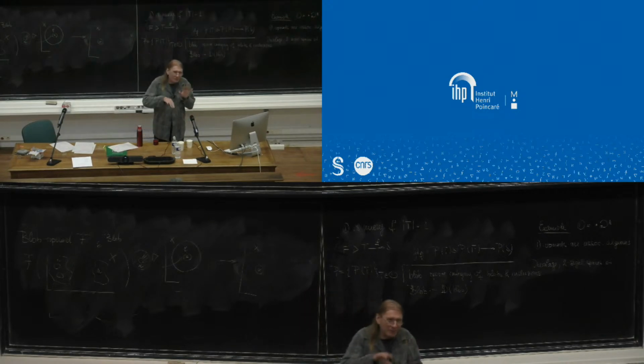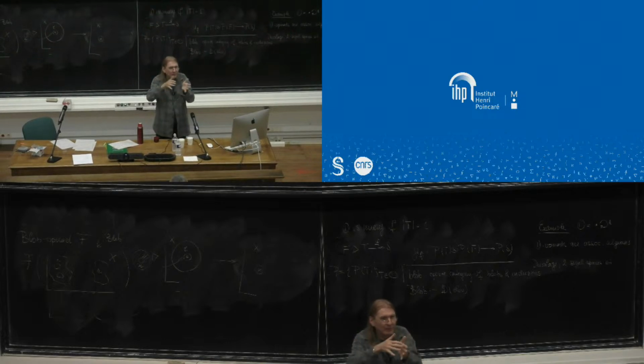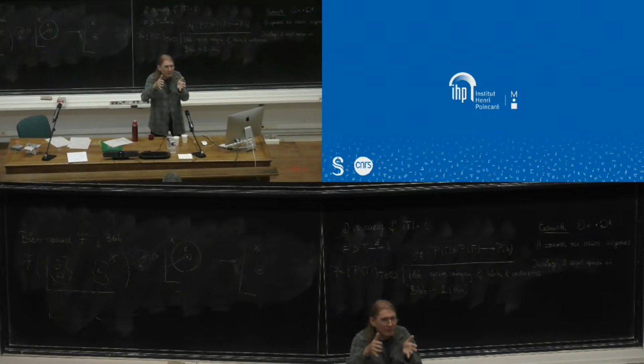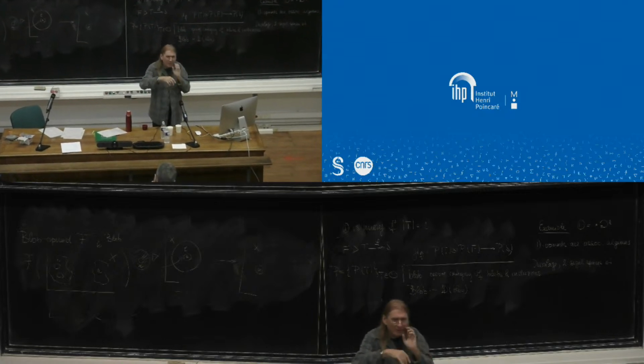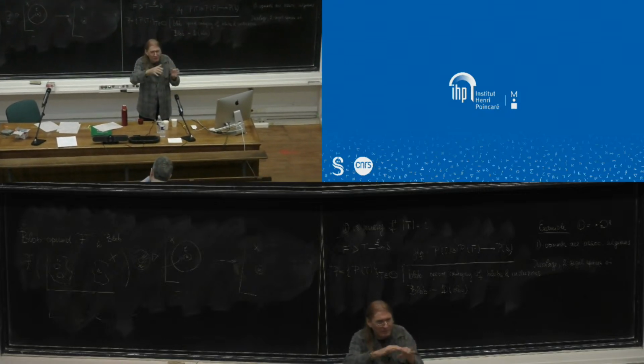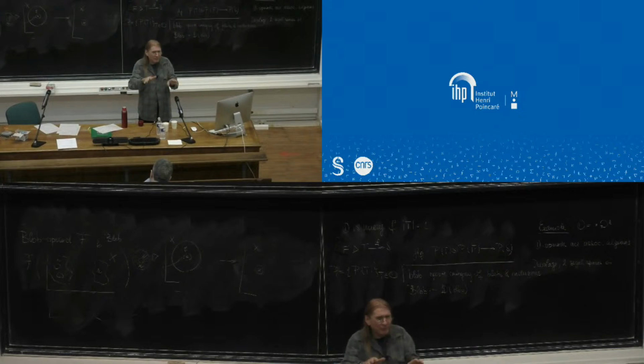This is a mixture of topology, and in dimension 1 you are dividing an interval into little intervals, but in dimension 2 you have triangulations and all these things, and you must be careful in which category you work.